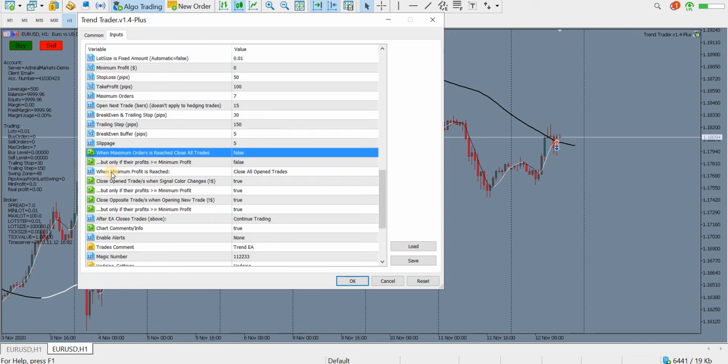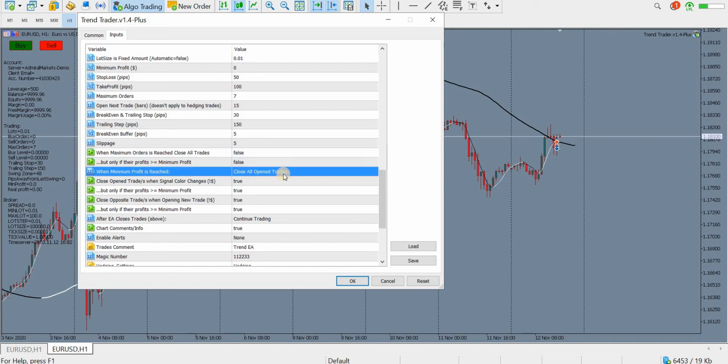And then we have a special option dedicated to the minimum profit. What else to do when the minimum profit is reached? One is to close all open trades, and this is very useful when you are hedging and you want to close a basket of opposite orders, let's say 2 buy orders and 2 sell orders.